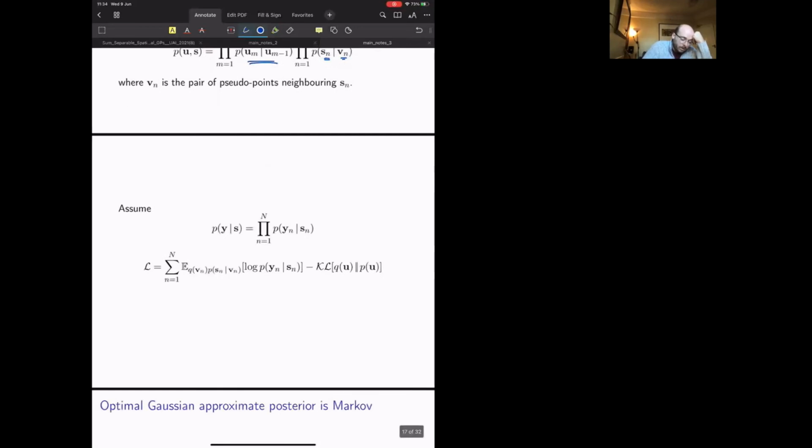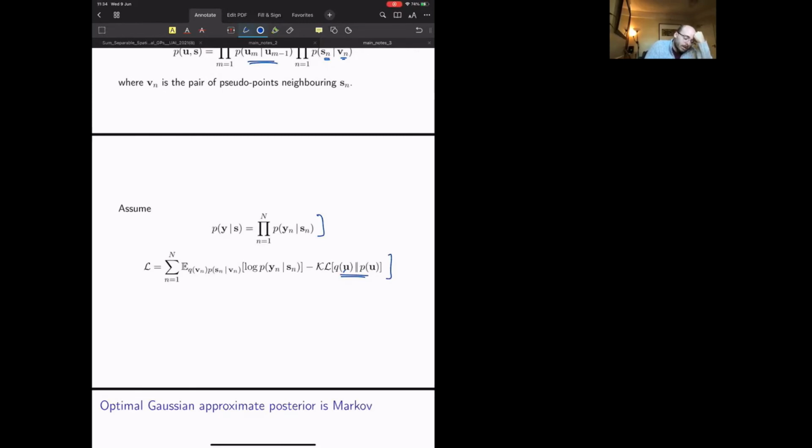Again, we're going to assume that the likelihood factorizes. If you write down the ELBO, you have the usual KL between the approximate posterior and the prior, but the reconstruction term is interesting.